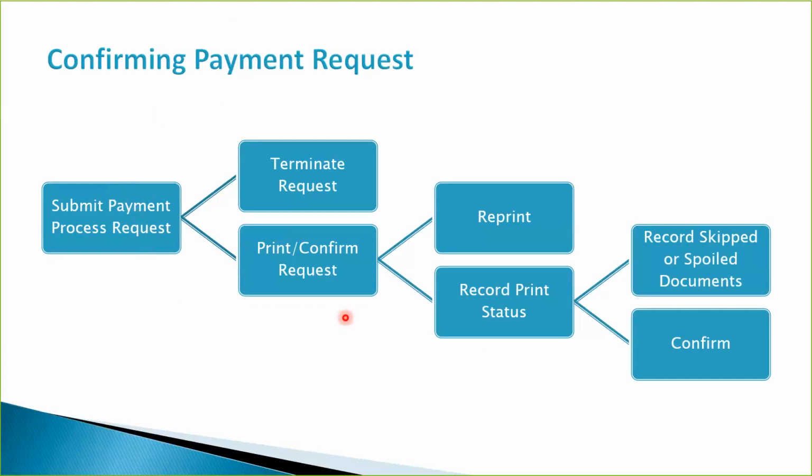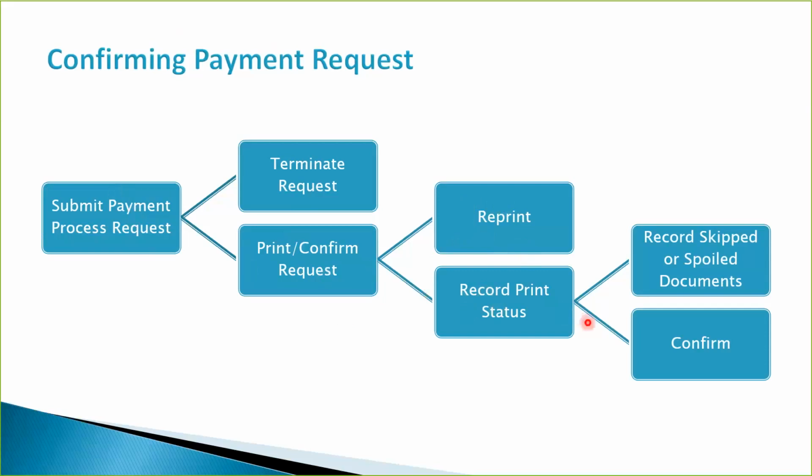the next step, once you move forward, you can record print status. You can say that you want to go ahead with the payment process as it is, or you can decide to reprint if the output was not correct.